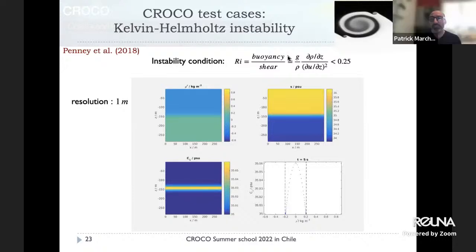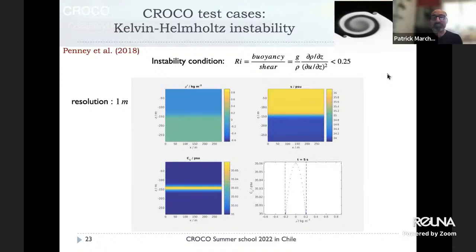And if the Richardson number is below 0.25, you will get an instability. So it's a relatively simple protocol to follow.